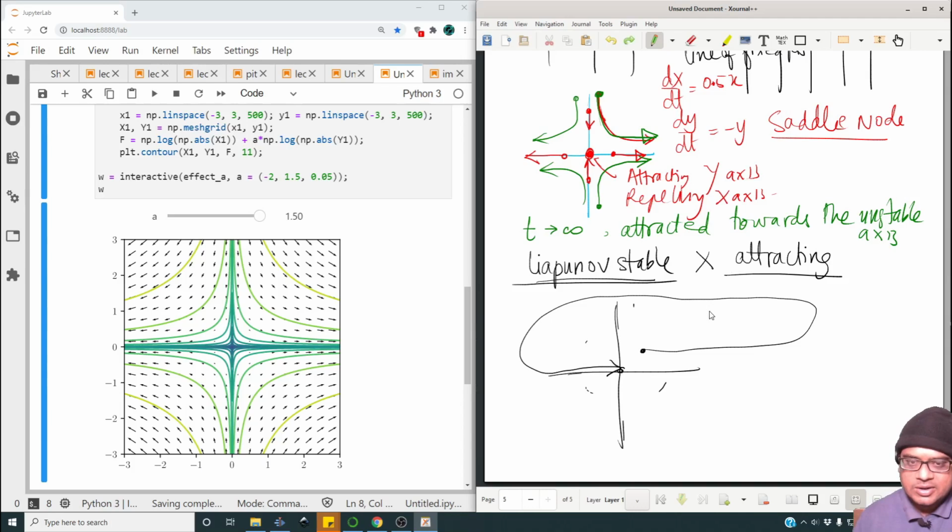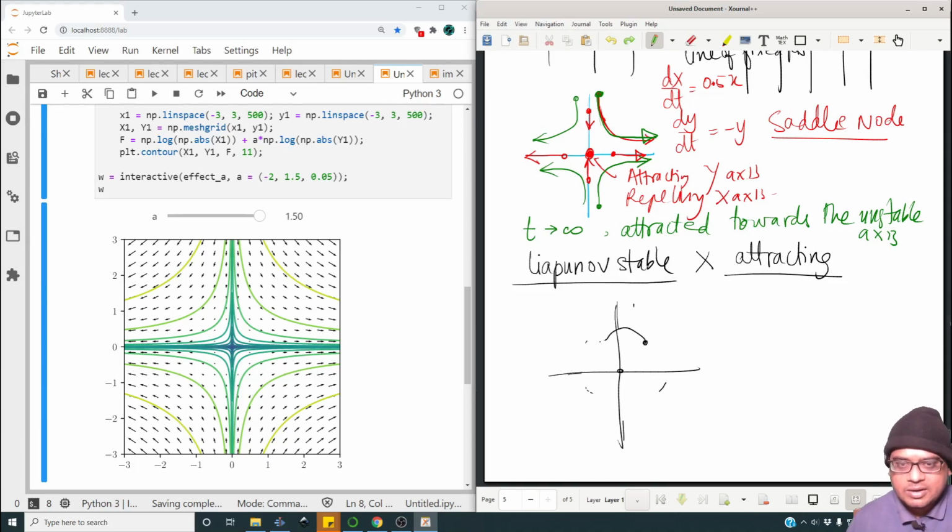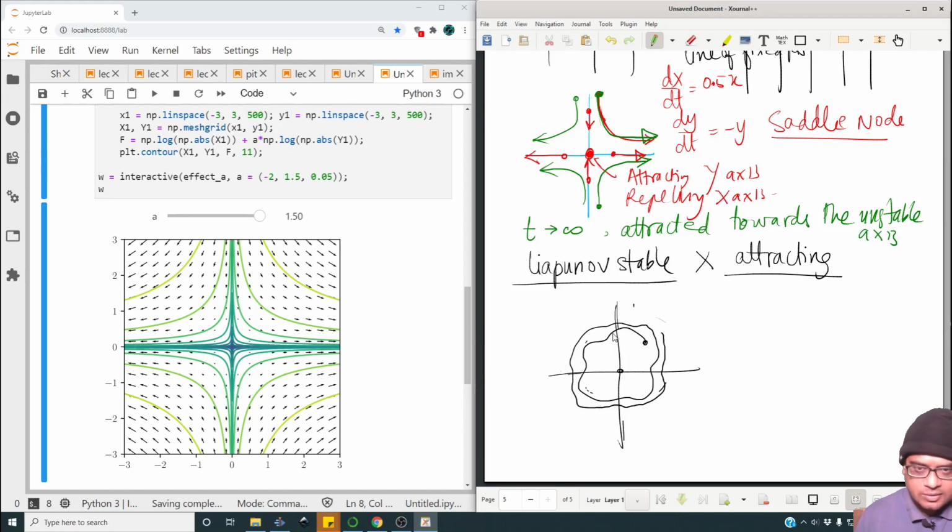Similarly, the point can simply meander around the fixed point. It will not grow out of bound, but it will simply meander around. And if it doesn't cross a certain threshold, I mean, that is in your hands, if it doesn't cross a certain threshold, then we say that the point is Lyapunov stable. So this fixed point is Lyapunov stable.